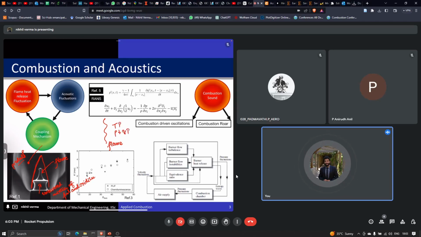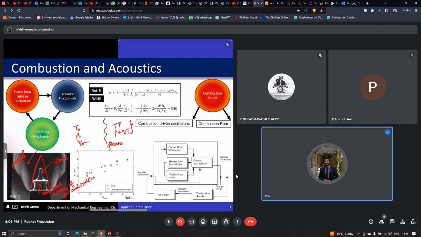So here the temperature is say T naught, density is rho naught, and velocity is V naught. Okay, so these three things will take place. The flow will be turbulent in nature, which means that we will have some fluctuations.